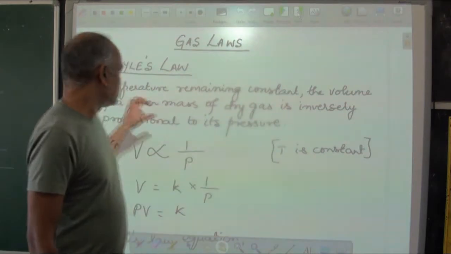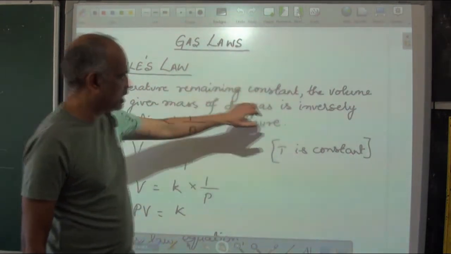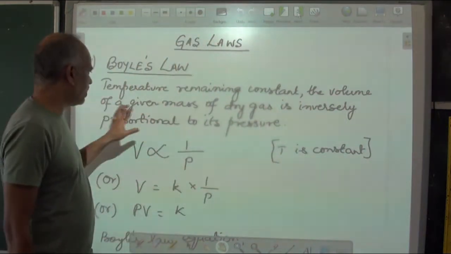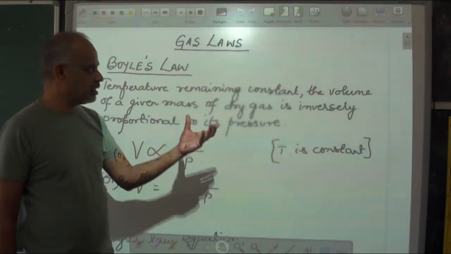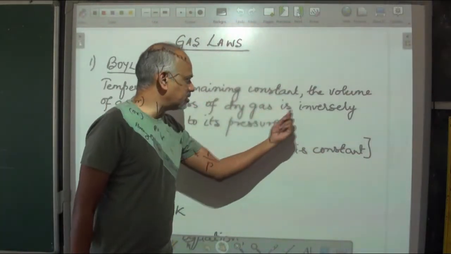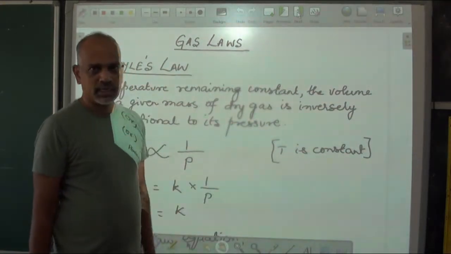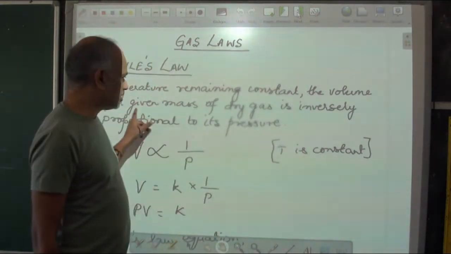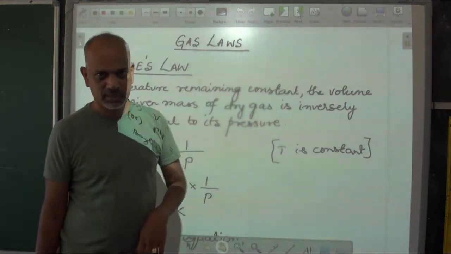So temperature remaining constant, the volume of a given mass of dry gas, we are going to take a gas. The volume of this gas is inversely proportional to its pressure.